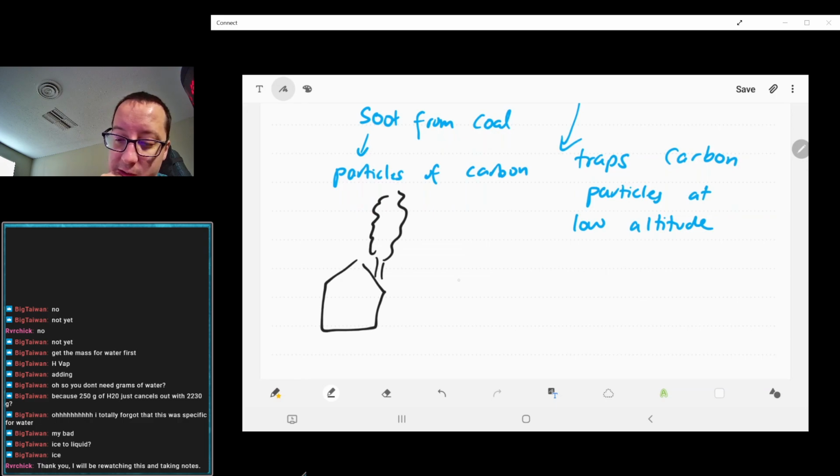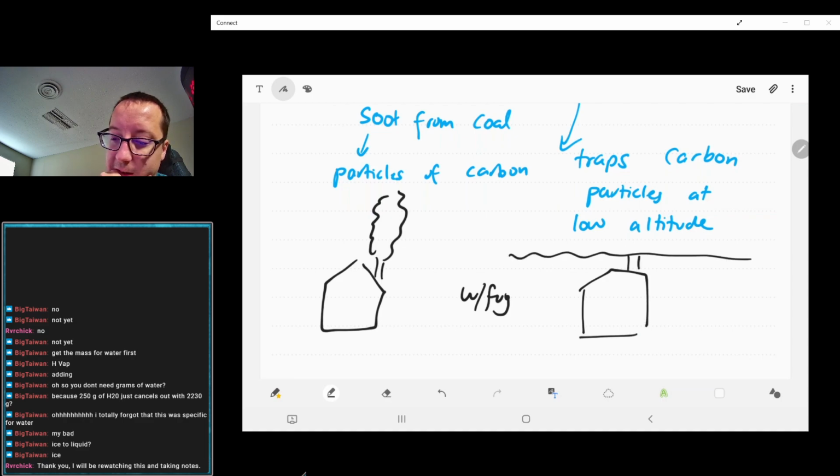However, with fog, if we have fog around here, the smoke ends up just going into that fog layer instead of going out and about. And as a result, since it's all trapped at low altitude, that concentrates it.